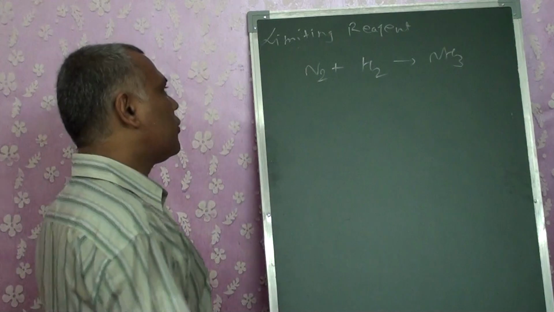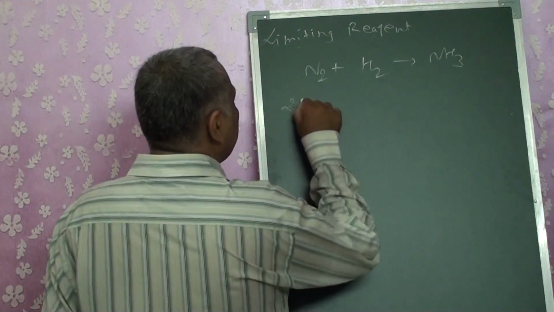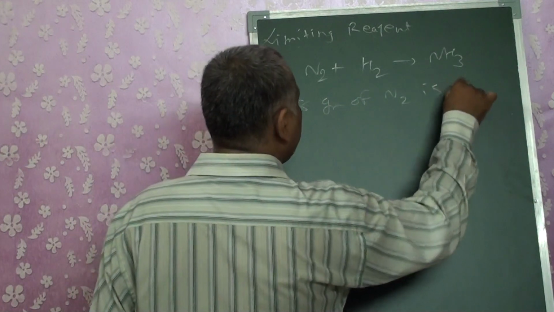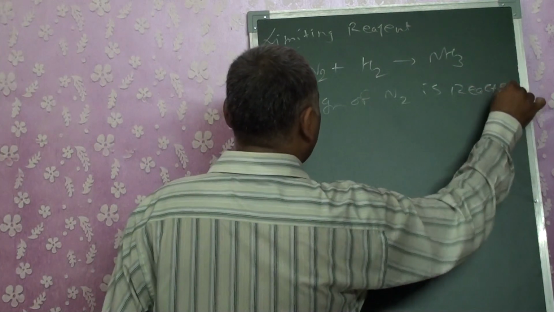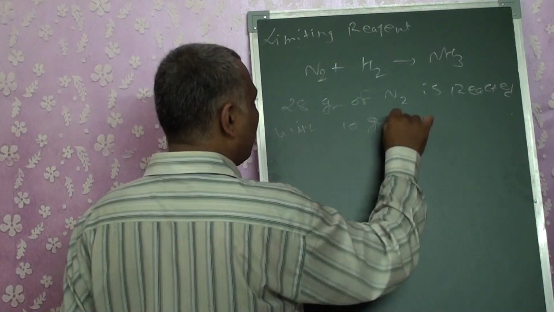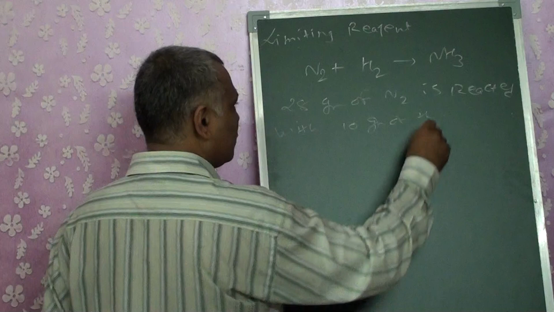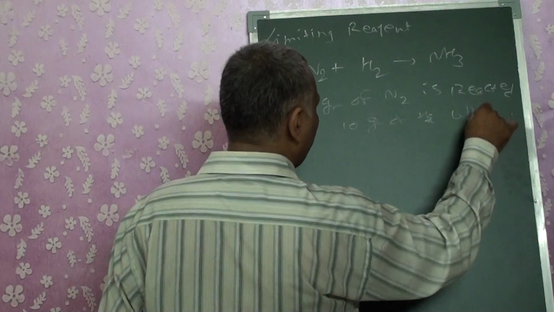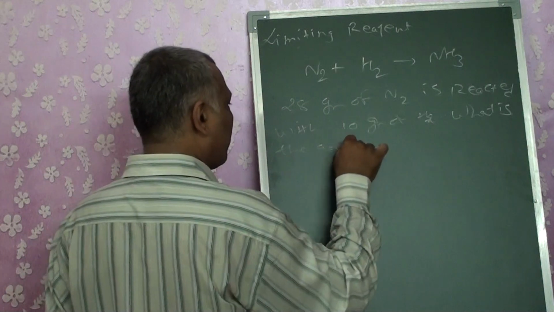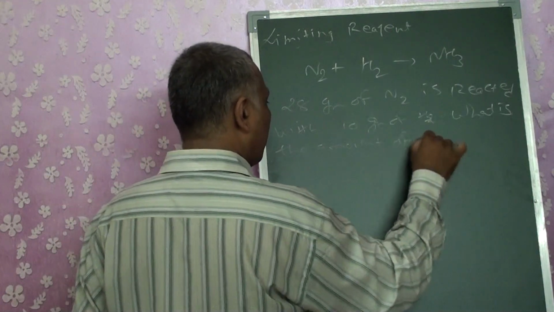Right? And it is told to me that 28 grams of N2 is reacted with 10 gram of H2. What is the amount of NH3?